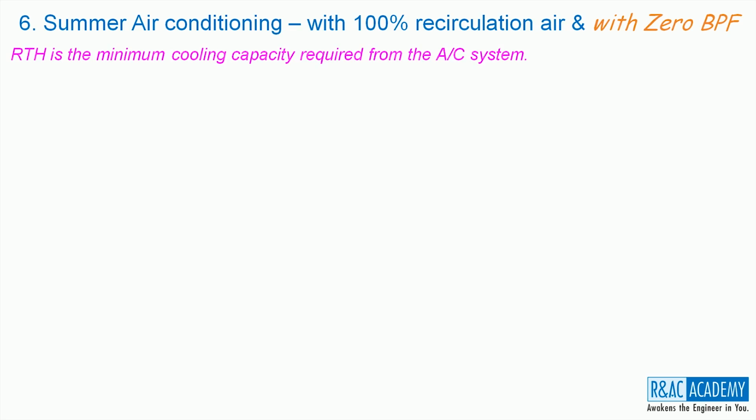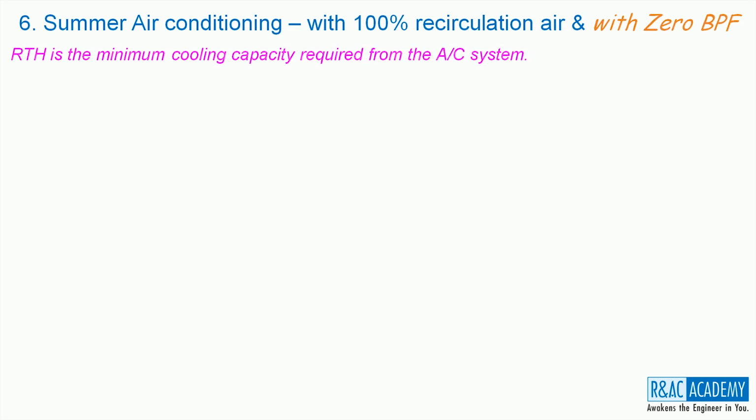But if we select the refrigeration system with the RTH value alone, then that selection could be erroneous. This is because a refrigeration system will give different cooling capacities at different evaporating temperatures. In the sense, as the evaporating temperature increases, the cooling capacity produced by the refrigeration system increases and vice versa.